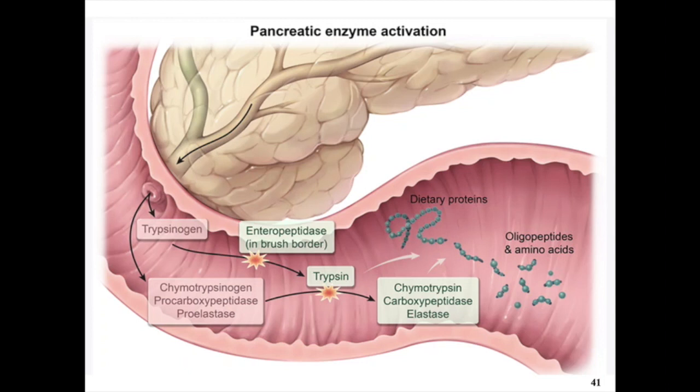It is activated by enzymes on the luminal membrane of the cells, what we call the brush border. Remember, I asked you to look at the label that said brush border. Go back if you need. And so once the trypsin is formed, it will activate all the other protein digesting enzymes.